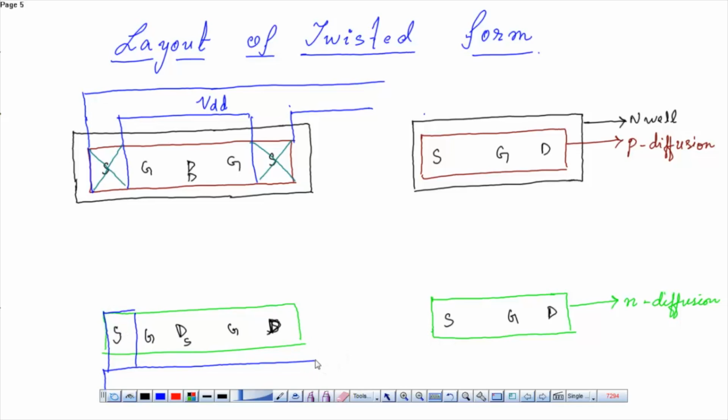Similarly, let's extend this. We know the source of the inverter is also connected to ground. Let's extend this.